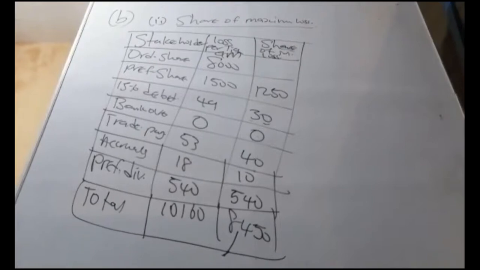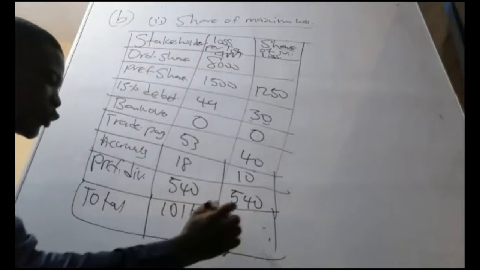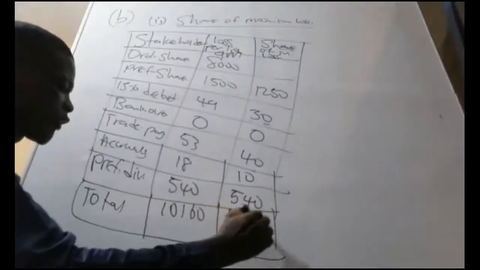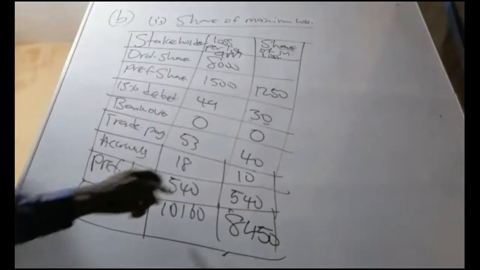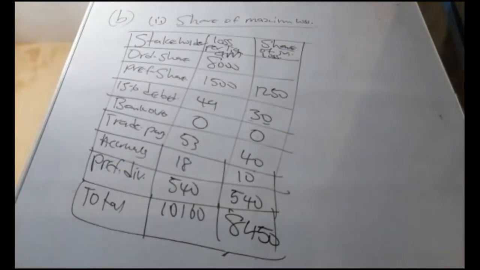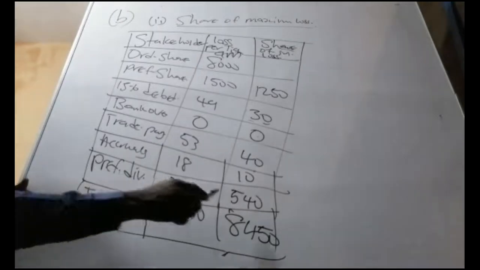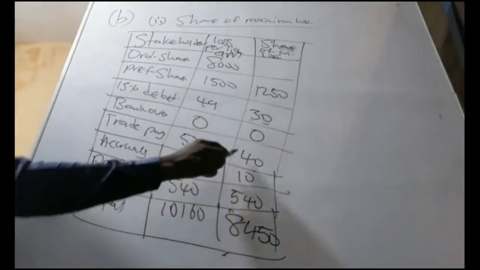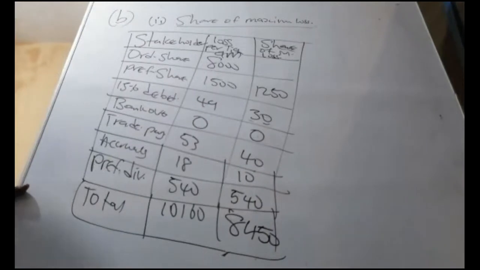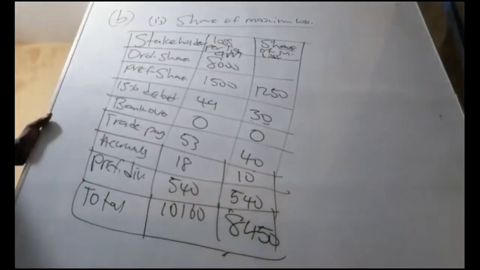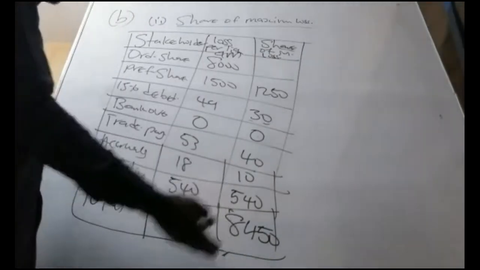Please, which total? Can you come again? Total share of maximum loss. The one that we had, we are sharing this 8450. We had it from the immediate step that we did, the share of maximum loss, the 8450. That's the total. So we have given 540 to this. We are looking for the remaining balance. The balance should go to the ordinary shareholders. They should bear the remaining balance. So we are sharing a total figure of this.